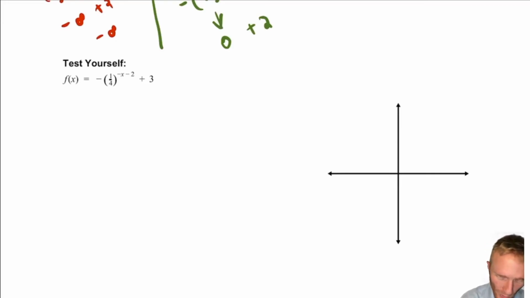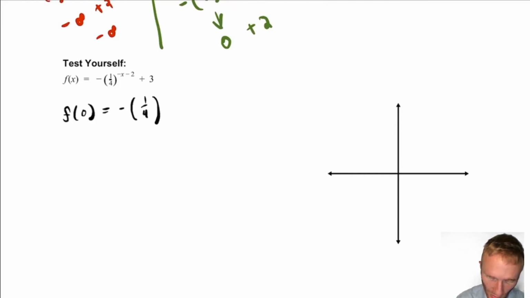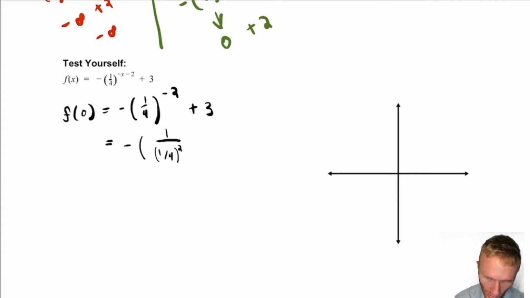All right, so first one up, what is f of 0? F of 0 is negative 1/4 to the 0 minus 2, that's negative 2, plus 3. Okay, 1/4 to the negative 2, that's going to be 1 over 1/4 squared, plus 3. That's going to be negative 1 over 1/16.